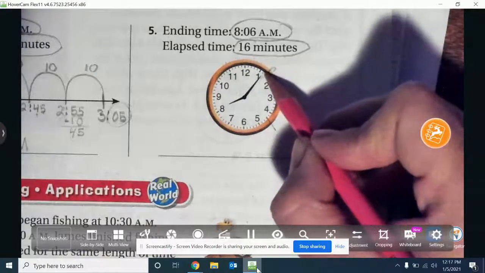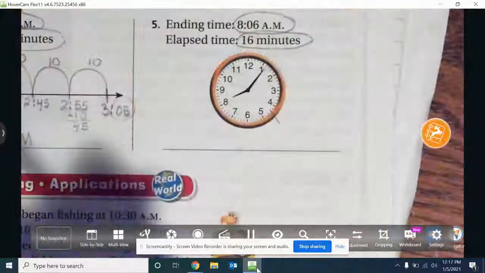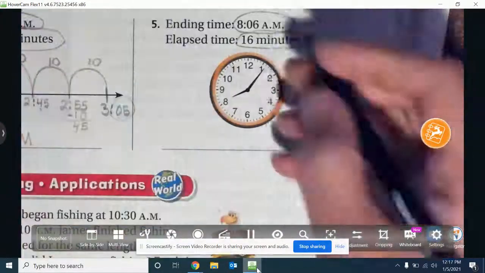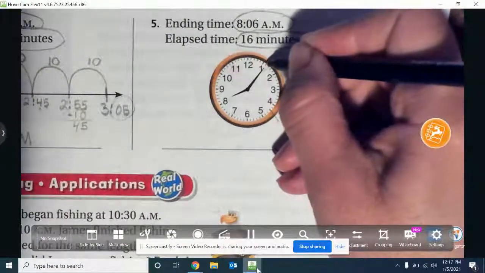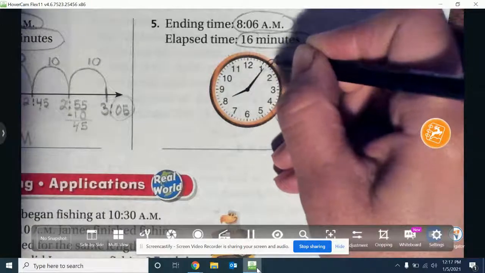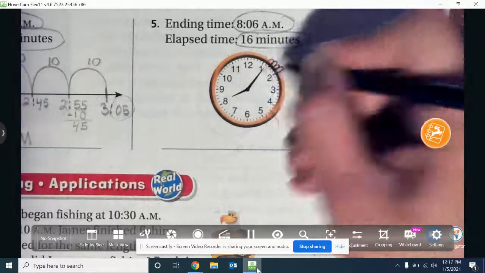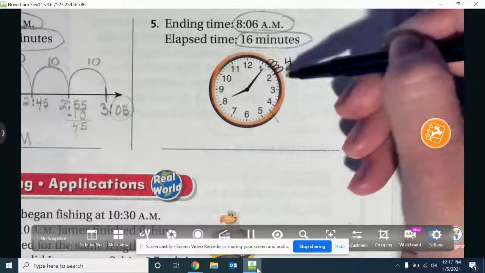Sorry, I know it's very hard to see and my pencil's not sharpened. Let me try a pen. So right here we go 1, 2, 3, 4. So I'm just going to write the 4 because 4 little minutes went by.